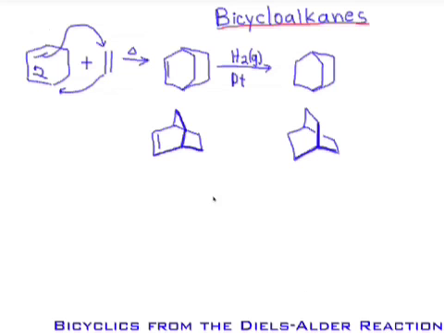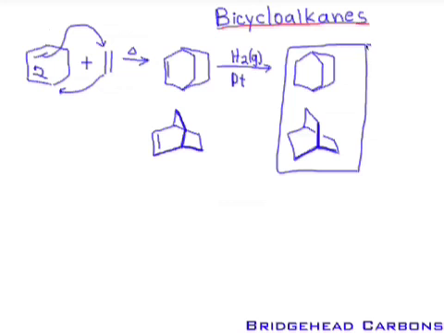What are bicycloalkanes? They are saturated hydrocarbons, such as this molecule. Saturated hydrocarbons with two rings and two or more carbons in common. These common carbons are called bridgeheads.